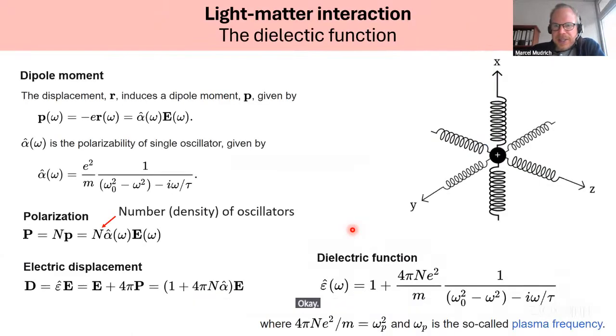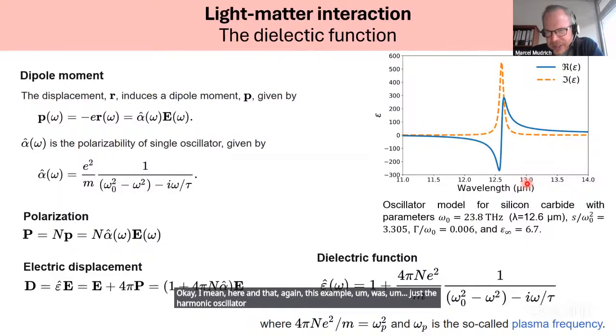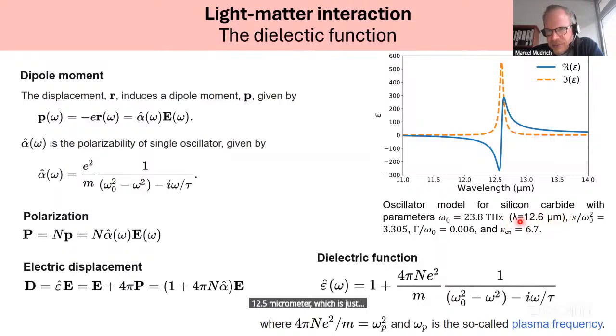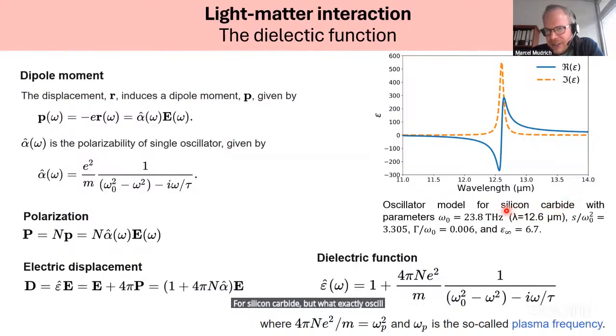This example was just the harmonic oscillator, but it was tuned such that there is a resonance at 12.6 micrometer, which is just the resonance frequency for silicon carbide. But what exactly oscillates in silicon carbide at this frequency?